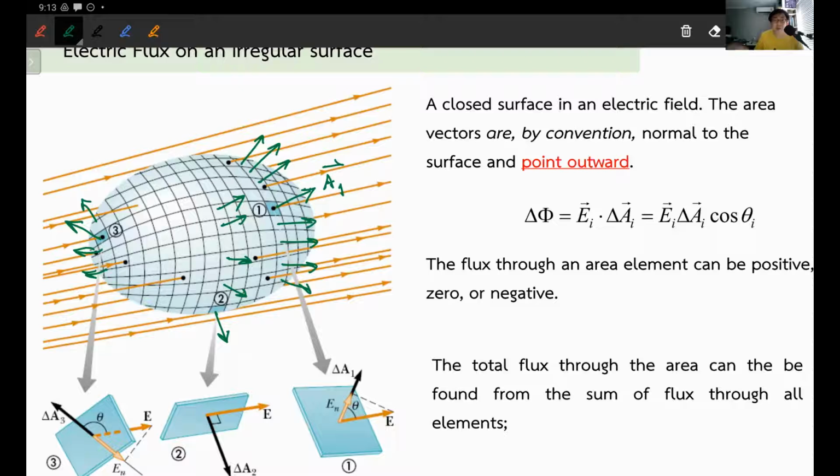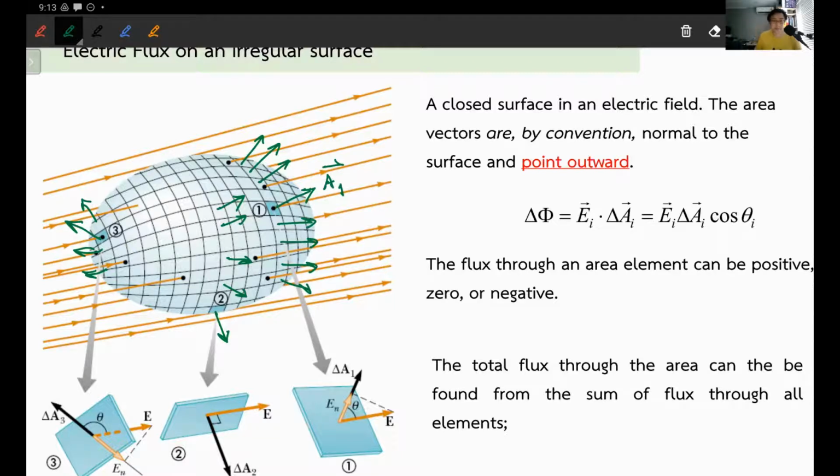So there are no more ambiguities, because with a closed surface there's always inward and outward, and our area vectors are pointing outward all the time.